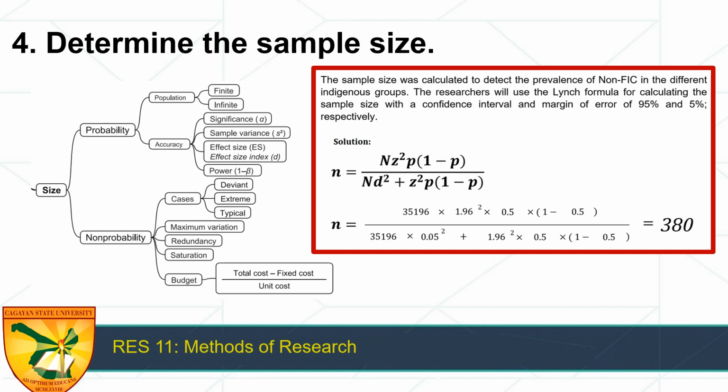That's why we need to take into consideration population variance, population size, the parameters of interest, and the budgetary constraints as factors that impact the sample size. In the example, the sample size was calculated using the Lynch formula with a confidence interval and margin of error of 95% and 5% respectively. Shown is the computation.